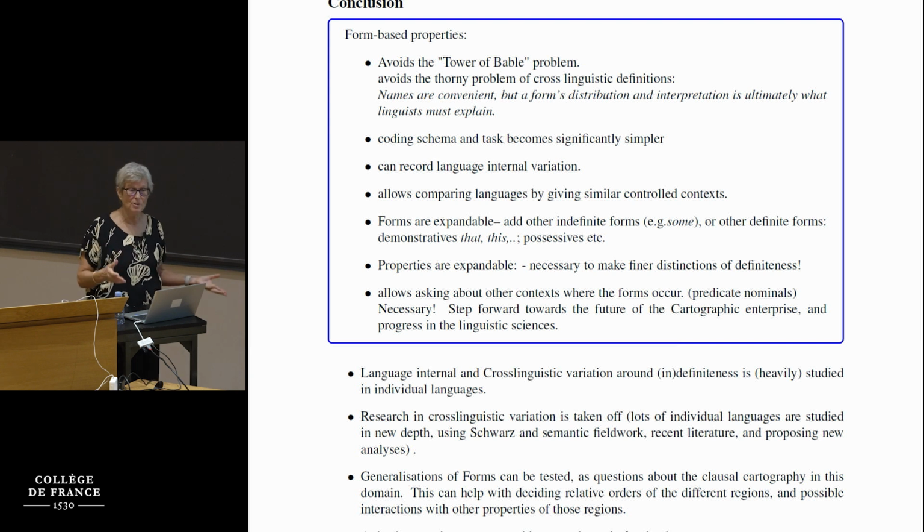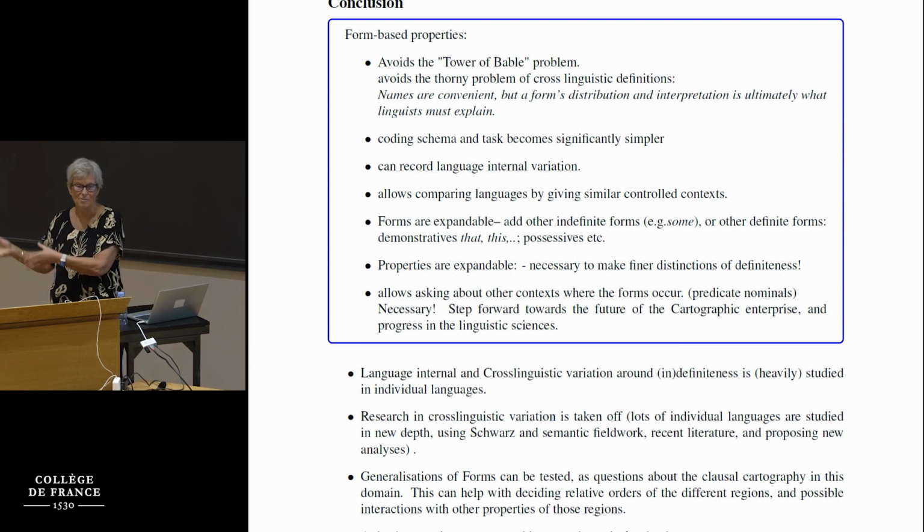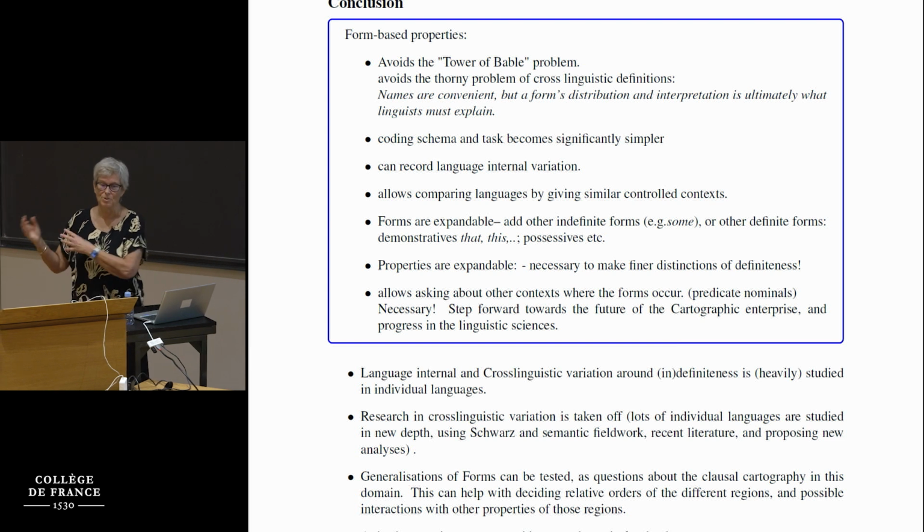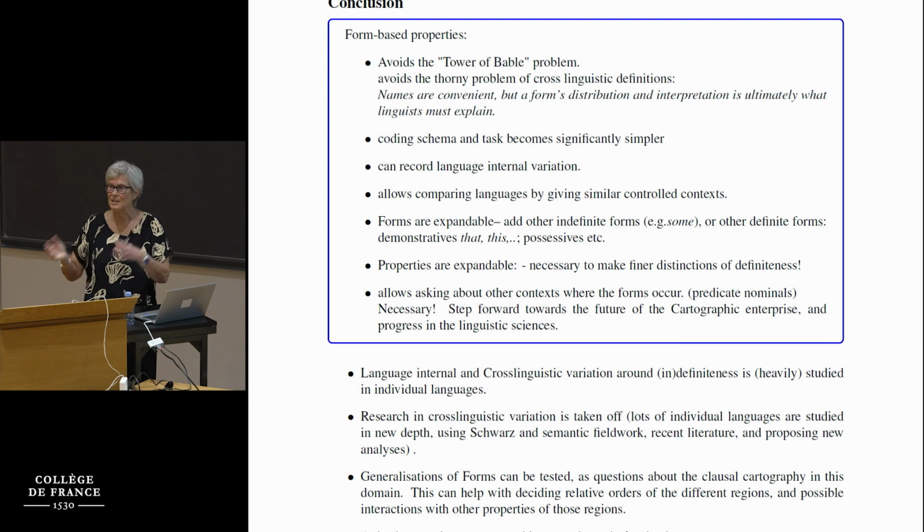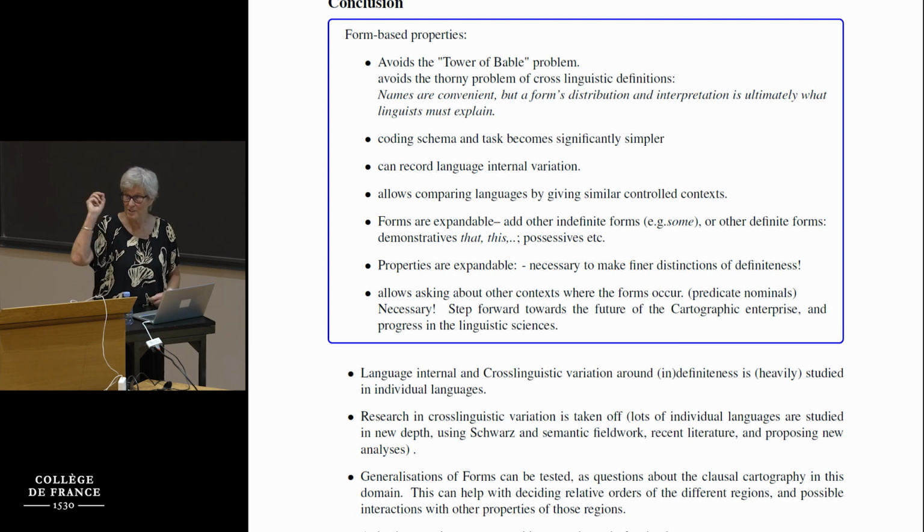So linguistic communities that study their languages or their family of languages have linguistic terminology that is not the same as linguistic terminology that another group uses. Like Bantuists use different terminology to talk about clitics than Romance languages do, okay? So there's the kind of thorny problem of going through these notions.